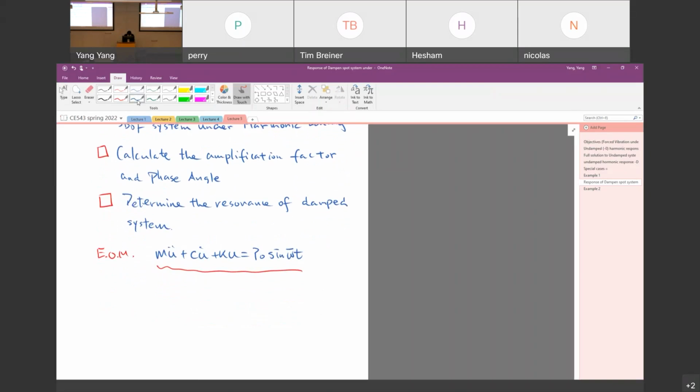Very similar to the undamped system, the full solution would be composed of two parts: the general part and the particular part. The first part is determined by the free vibration.